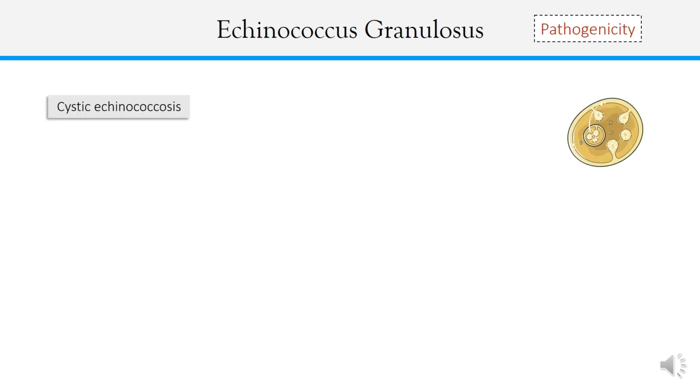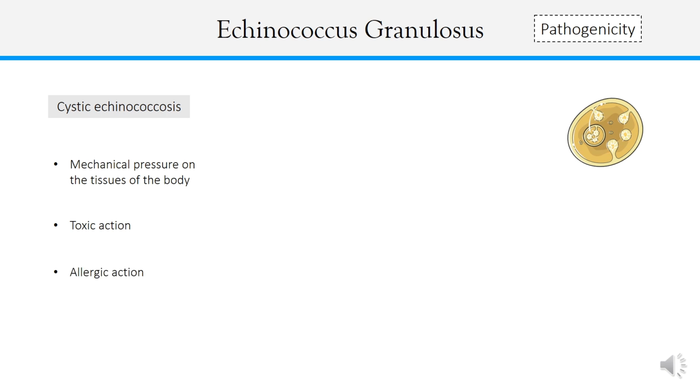What about the pathogenicity of this disease that is called cystic echinococcosis? One of the very obvious pathogenic elements is mechanical pressure on the tissues of the body, but also the fin may be the cause of toxic and allergic actions.